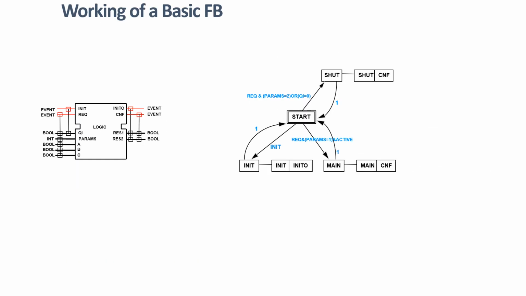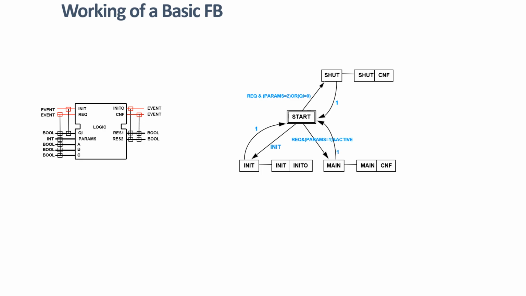Okay, so again, an example of some hypothetical basic function block that has an execution control chart composed of 4 states, and we assume that it has several modes of operation. First of all, it has initialization.